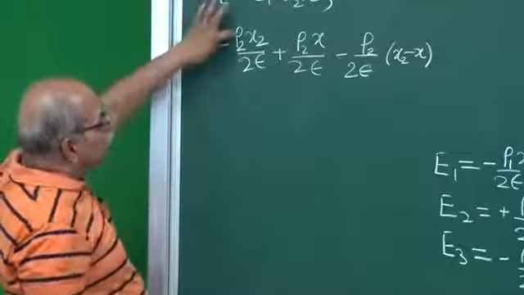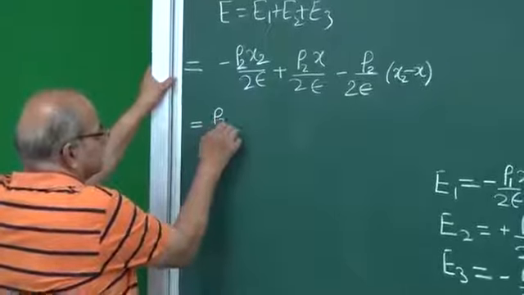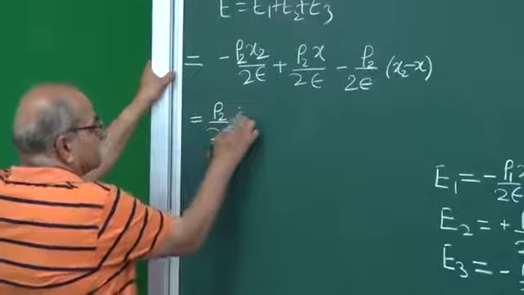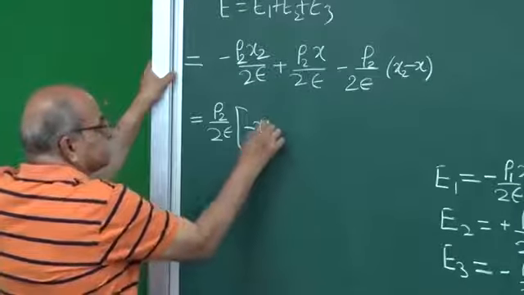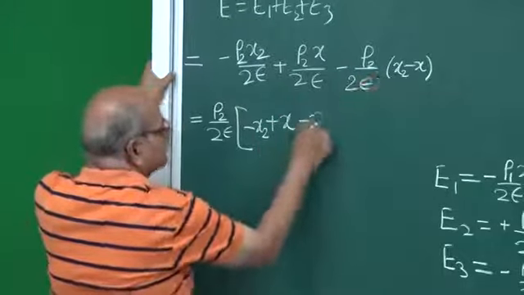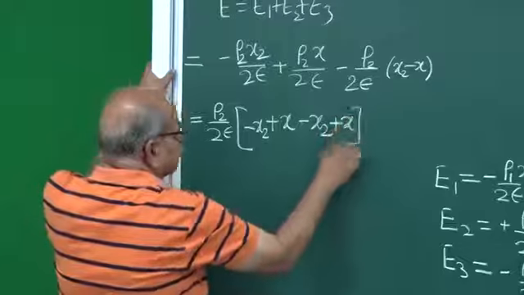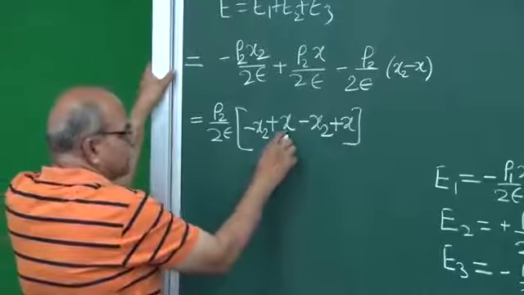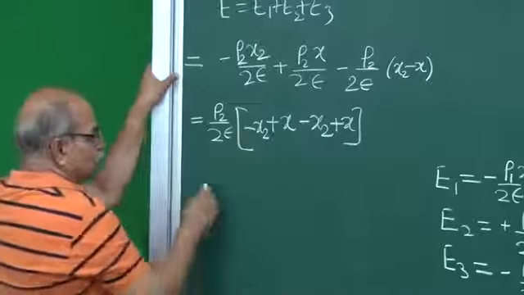So you see rho 2 over 2 epsilon is common. I can take it out. What is left? Minus x2 plus x, then minus x2 and plus x. So 2 times x and minus 2 times x2.